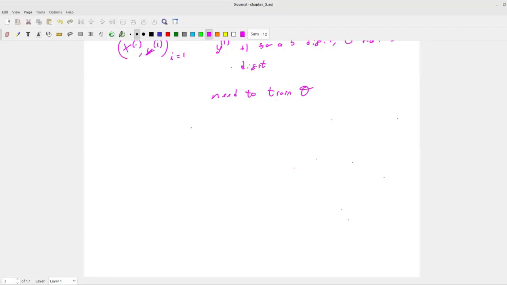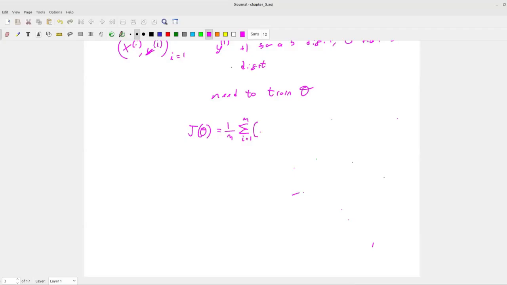So we're going to say J of theta is equal to 1 over m for each feature. I'm going to weight all the features the same. The summation for instance i equals 1 to m, just considering one instance at a time here.